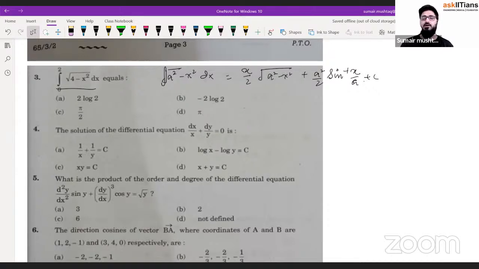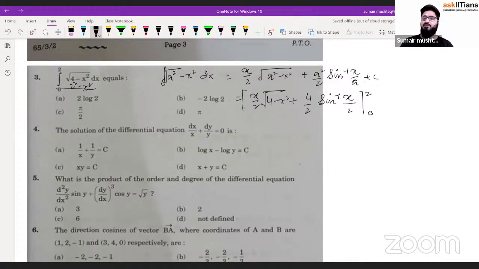Now you have here a as 2, because I can write it as 2 square minus x square. Use this between the limits. So this can be written as x by 2 under root of 4 minus x square plus 4 upon 2 sine inverse x by 2, between the limits 0 to 2.